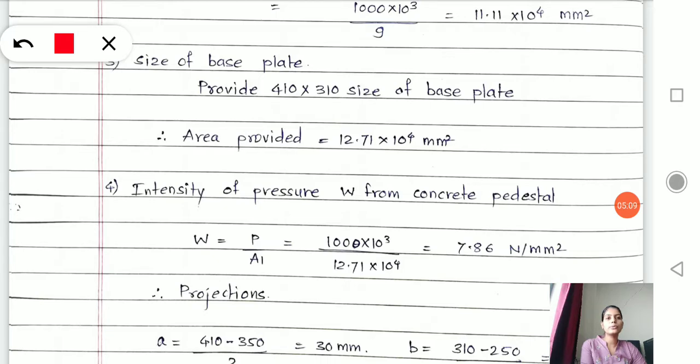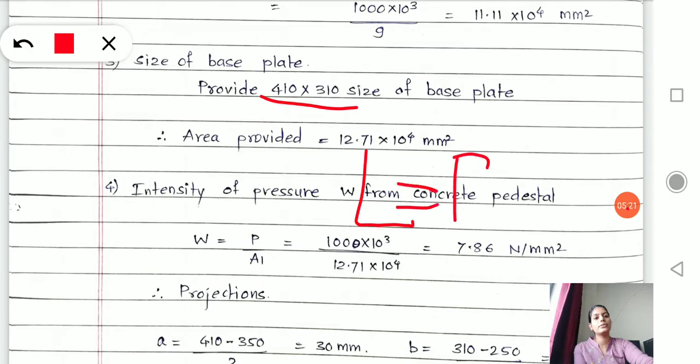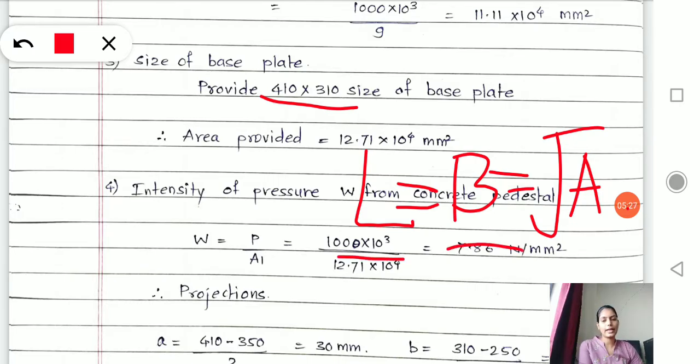So I have chosen 410 into 310 as the size of the base plate. How did I do that? You can do it simply like this: length is equal to width, which is the square root of A. Calculate the length or width for a square base plate, and you can increase one length and reduce the other, and you will get the same area as per the area required.